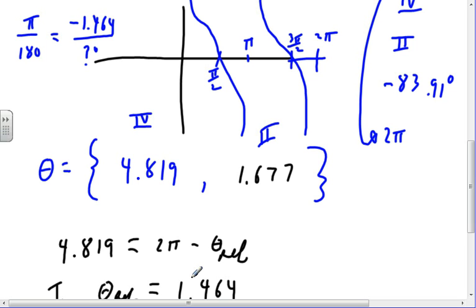And if I take 1 divided by the tangent of 1.677, I should get the same thing. Okay, excellent. I checked my work, it's right. Any questions? Is it time to go home yet?